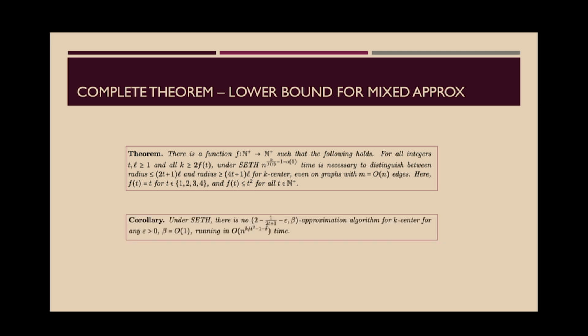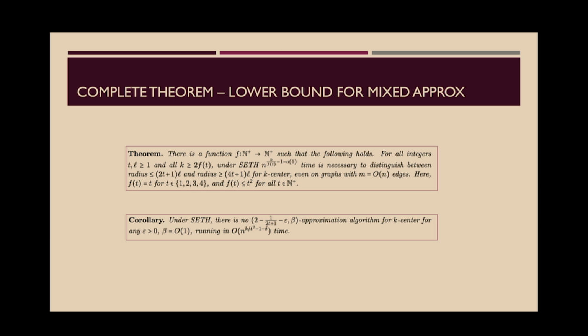So this gives us a lower bound under strong ETH that anything better than a 2 minus 1 over 2t plus 1 approximation, even when we allow for additive error, needs this runtime bounded by k over f of t. So at worst, it's n to the k over t squared minus 1.